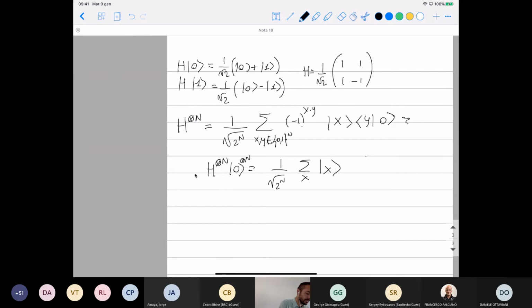Why? Because H tensor n is the one shown here, and we have seen before that this could be a general way of writing H tensor n.